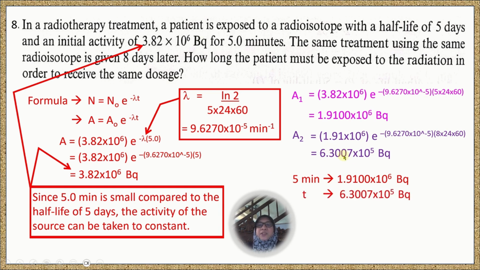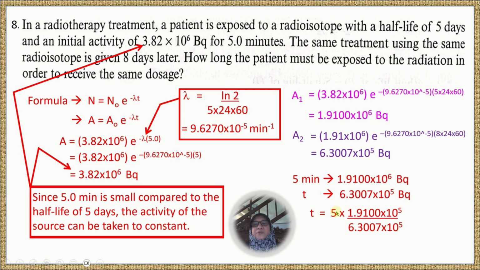So if 6.3007 times 10 to the power of 5 becquerel, how long will we expose so that we get the same dosage? Okay, so using ratio, but this time we need to use inverse because the time will be increased. We need to expose for a longer time to get the same dosage. So we use the inverse ratio.